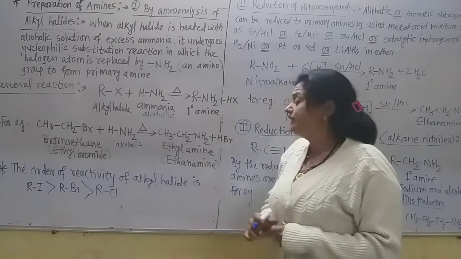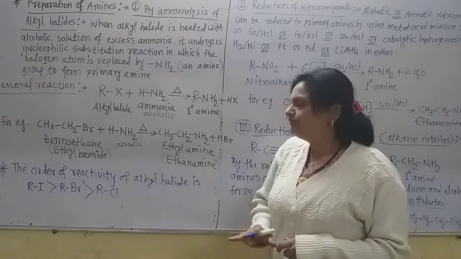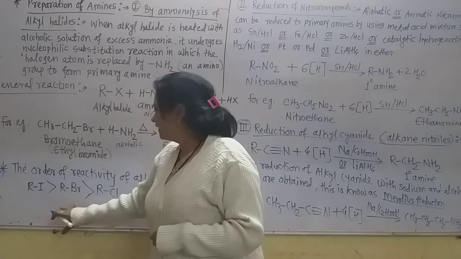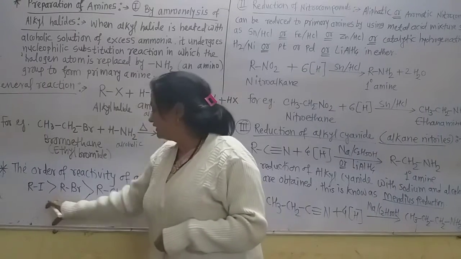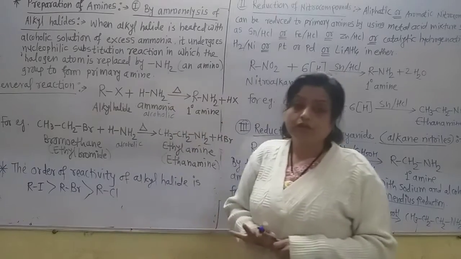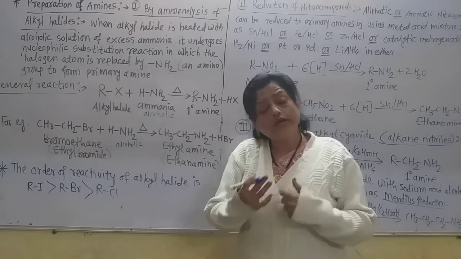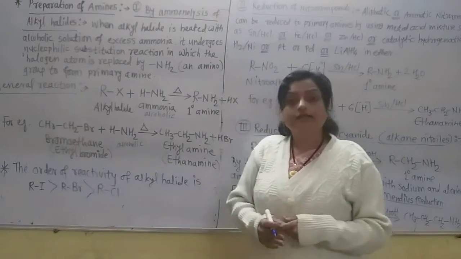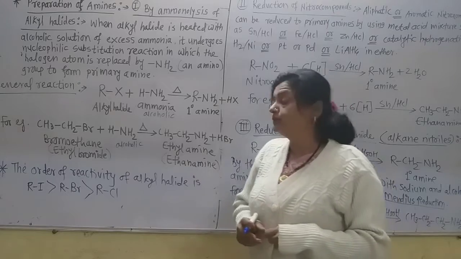The order of reactivity of alkyl halides is in this way. If we take three similar alkyl halides, suppose ethyl iodide, ethyl bromide or ethyl chloride, and at the same time we add alcoholic ammonia and heat, then first we obtain the reaction of the ethyl iodide.